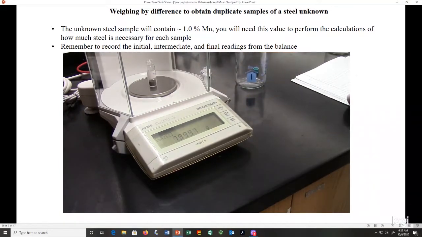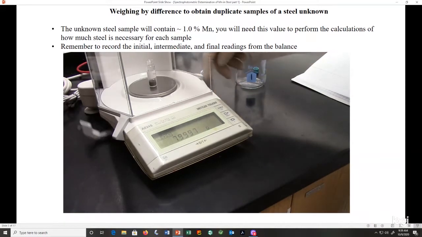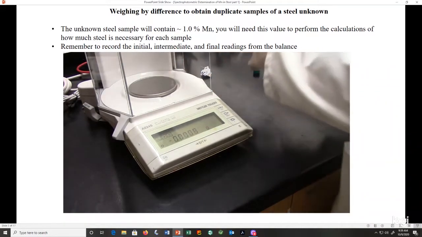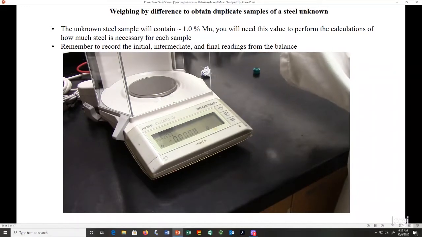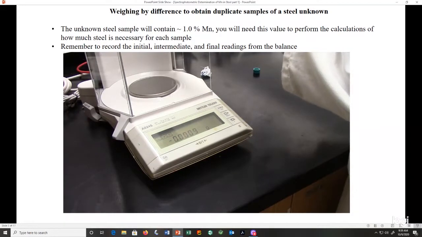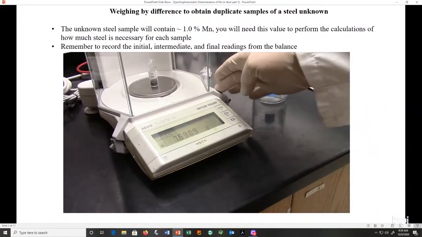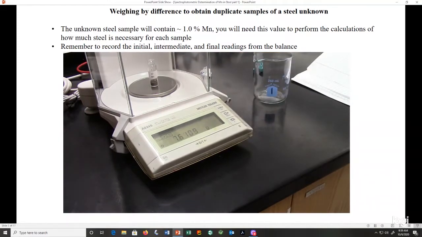Here's our initial reading. And we're going to put some of that into the beaker that we're actually going to use to digest sample number 1. Here's our intermediate reading.